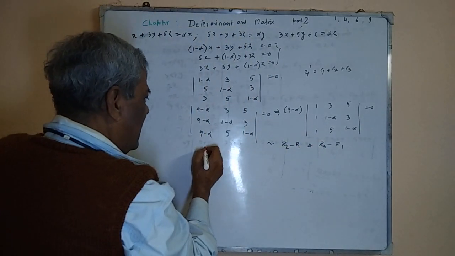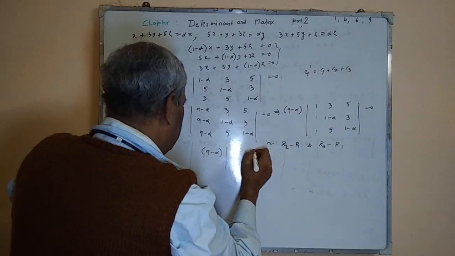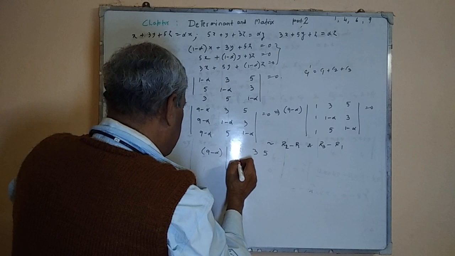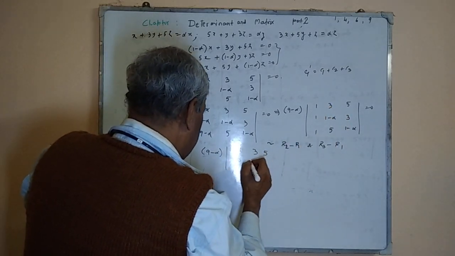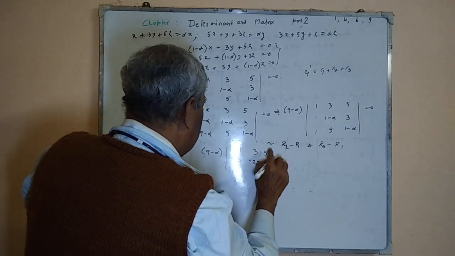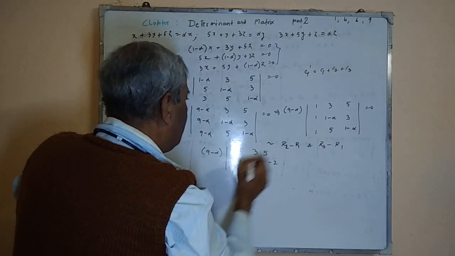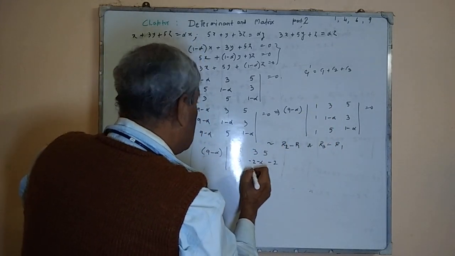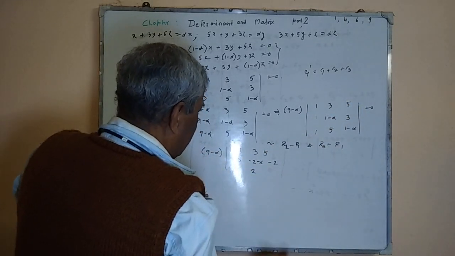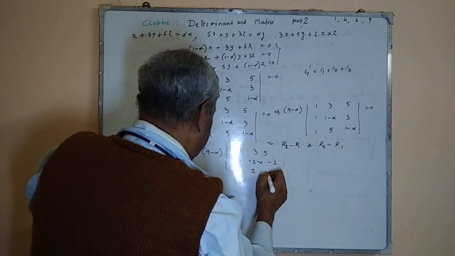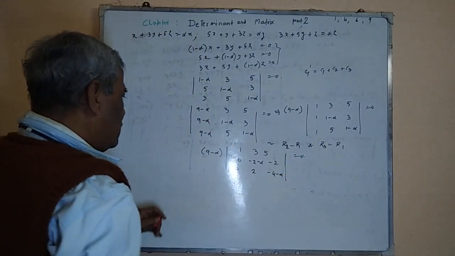We get 9 minus alpha into 1, 1, 1; 0, this becomes this minus 3, that is minus 2 minus alpha, and this is equal to minus 2; and 0, this is this minus that, that is 2, and this is this minus that, that is minus 4 minus alpha, is equal to 0.